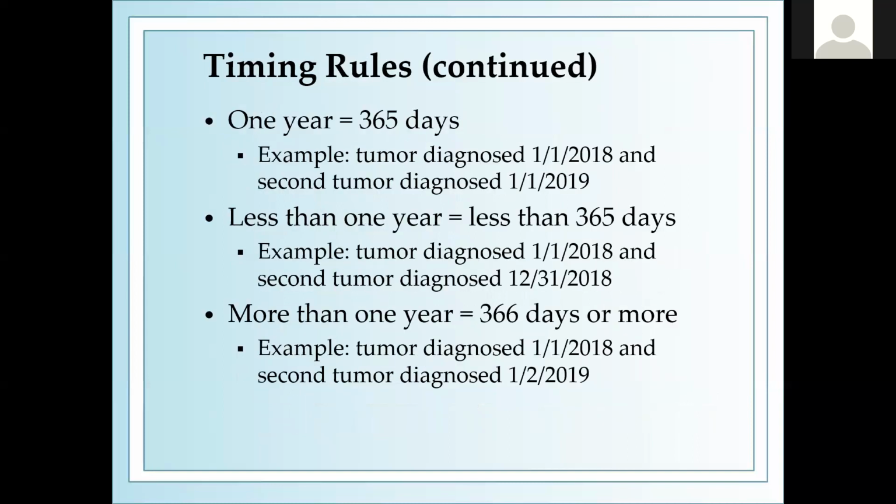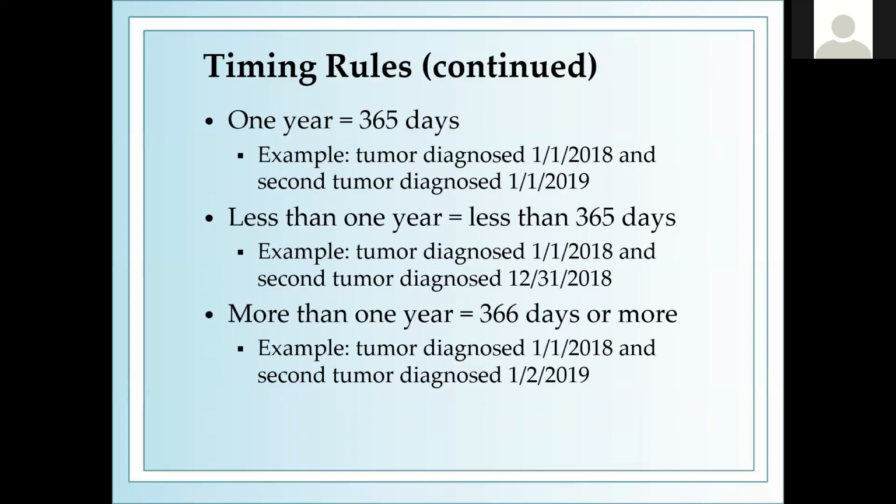We need to note that 1 year equals 365 days. So if a patient was diagnosed with a tumor on January 1st, 2019, and the second tumor was diagnosed January 1st, 2019, that is 1 year exactly, or what they consider within 1 year.